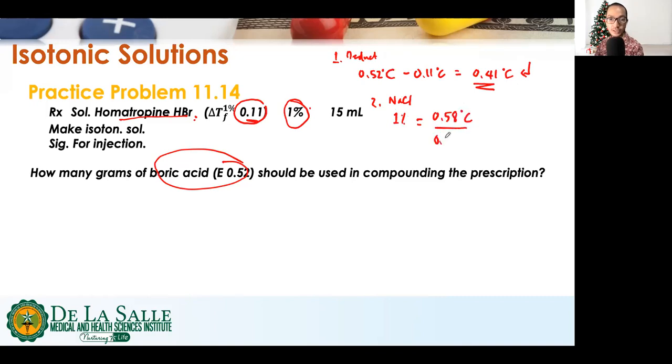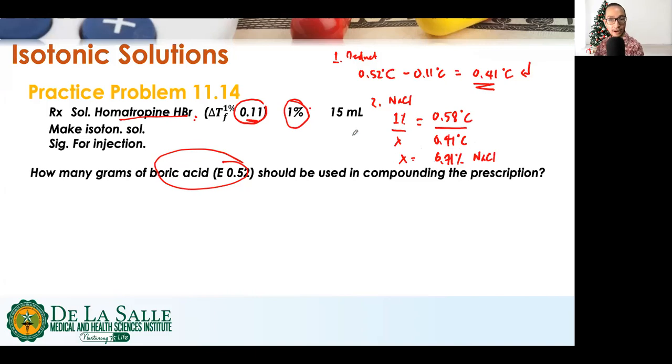We want to produce a freezing point depression of 0.41 degrees Celsius. What is the value of X, or the percentage of sodium chloride that will produce that freezing point depression? So this one is equal to 0.71 percent of sodium chloride.